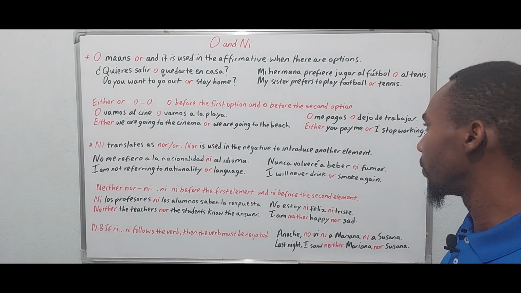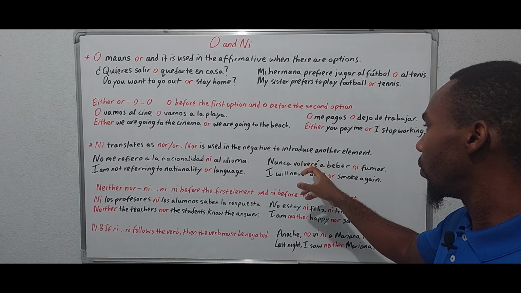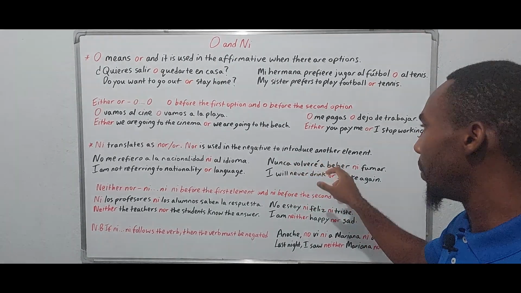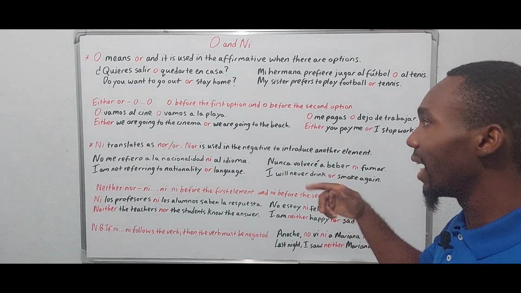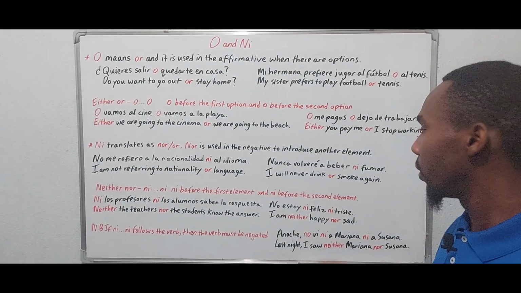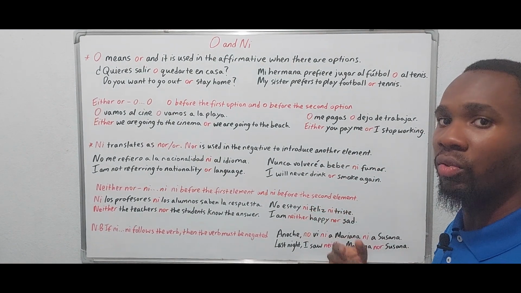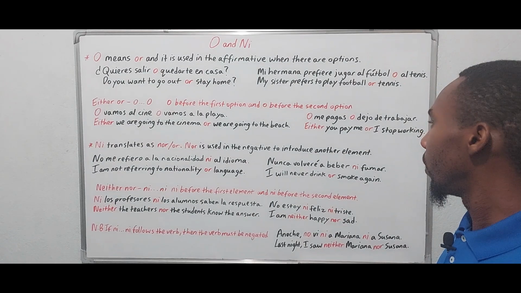But once again, if you're talking with a negative, I can't say nunca volveré a beber o fumar. No. You can't use o. O has to be used in the affirmative, right? But in the translation, or can be used in a negative. But this is English, right?